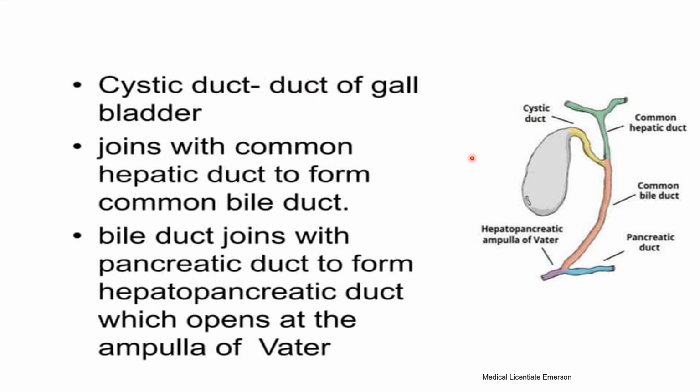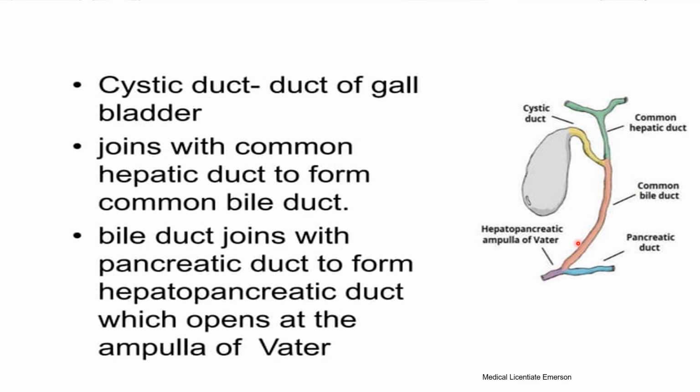Then in terms of the other structures found in the biliary tree, you are going to find the cystic duct, which is the duct of the gallbladder, and it joins with the common hepatic duct to form the common bile duct. The bile duct joins with the pancreatic duct to form the hepatopancreatic duct, which opens at the ampulla of Vater.